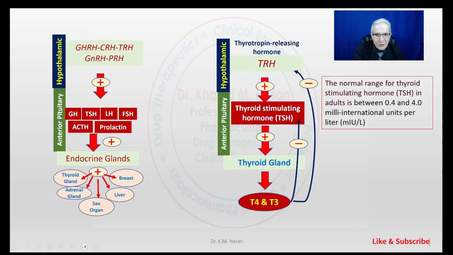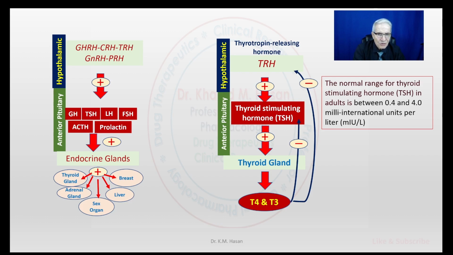Okay, regarding the thyroxine hormone, the thyroid gland is controlled and supervised by two main organs. The first organ is the anterior pituitary gland, and the second is the hypothalamus. The hypothalamus synthesizes and releases TRH, which stands for thyrotropin releasing hormone.